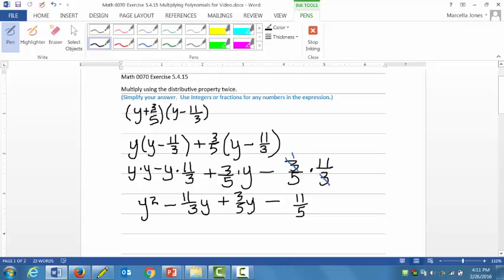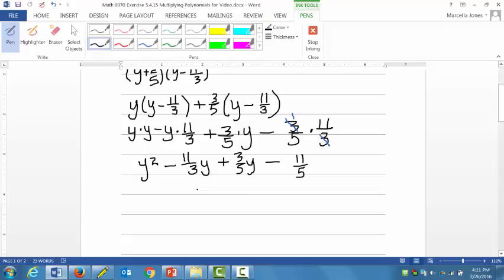Now, in order for me to combine these two like terms, I have a negative 11/3 y that needs to be combined with the 3/5 y. I need to have a common denominator. So the smallest number that 3 and 5 both divide into is 15.